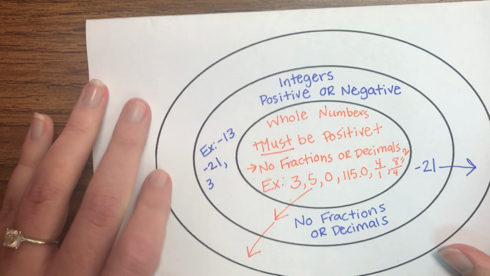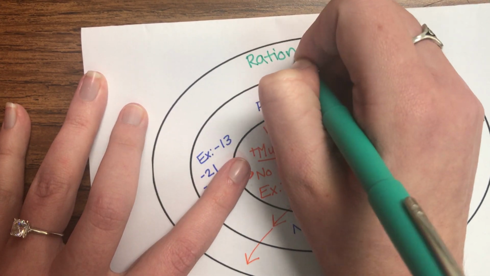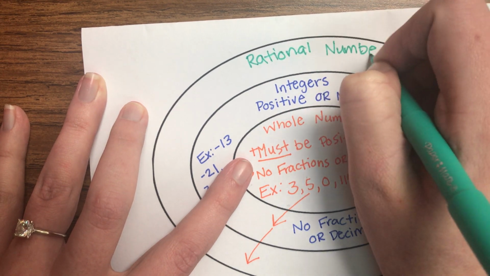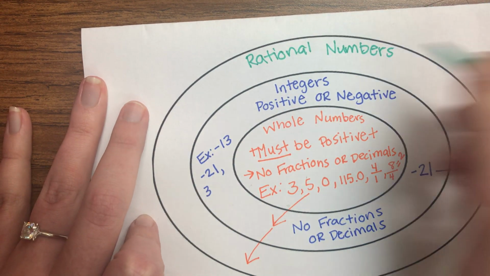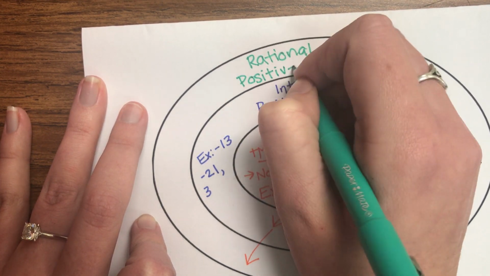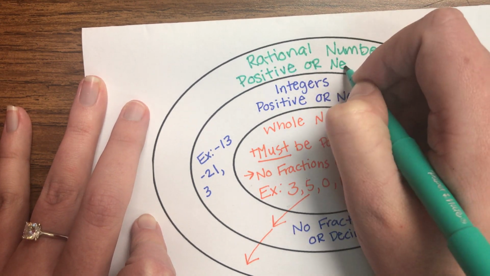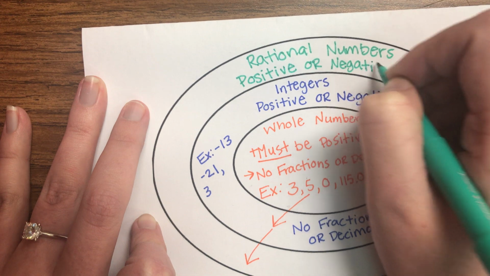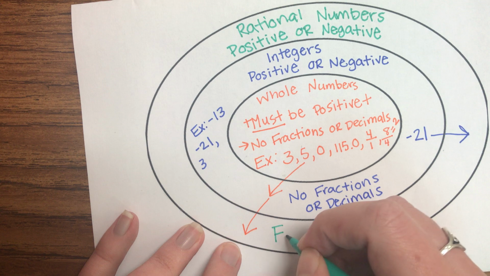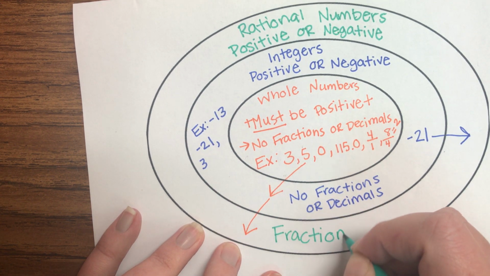Lastly, the last type of numbers we have are rational numbers. So this one's new. Rational numbers, you've already been working with them, you just didn't know what they were called. So rational numbers, again, can be positive or negative. So that's the same as integers. But the difference is this is where our fractions and decimals come into play.